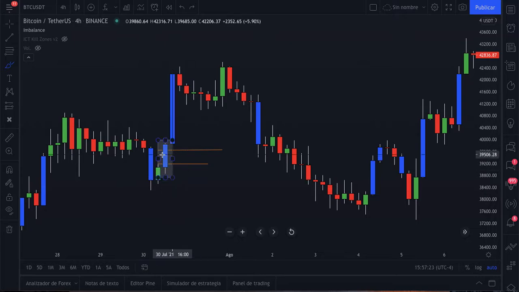So what does it mean? That means that there are few people selling in this area, and a lot of people buying. And the other thing is that sellers are taking profits on these levels, so when they are out of the market, price also explodes.